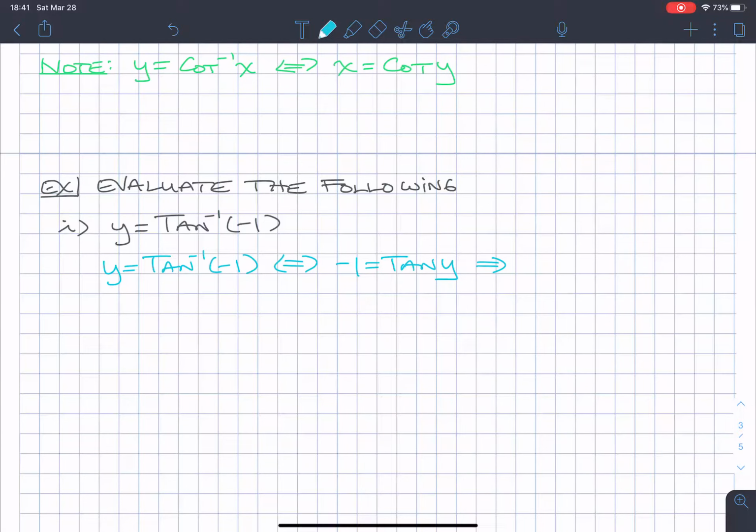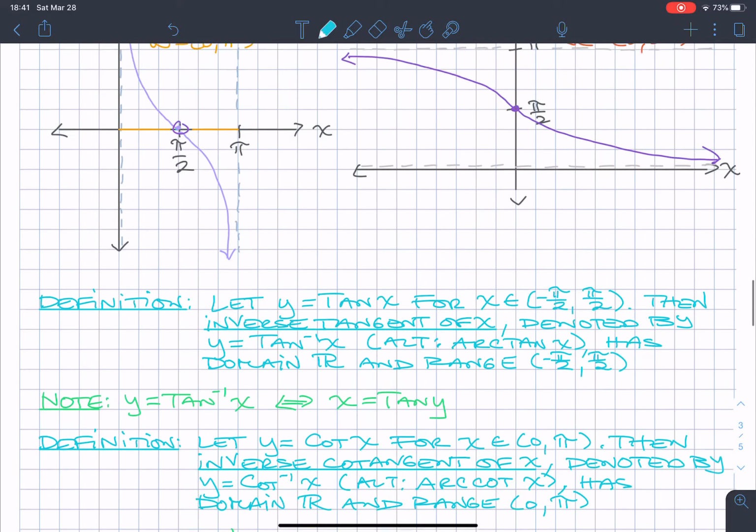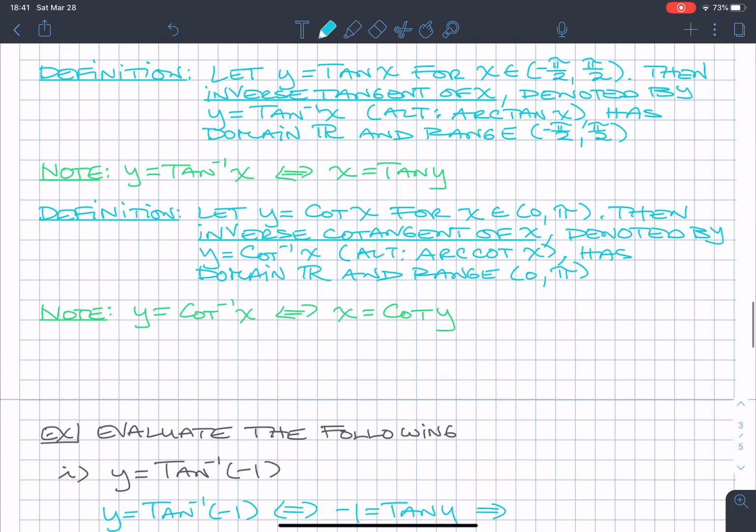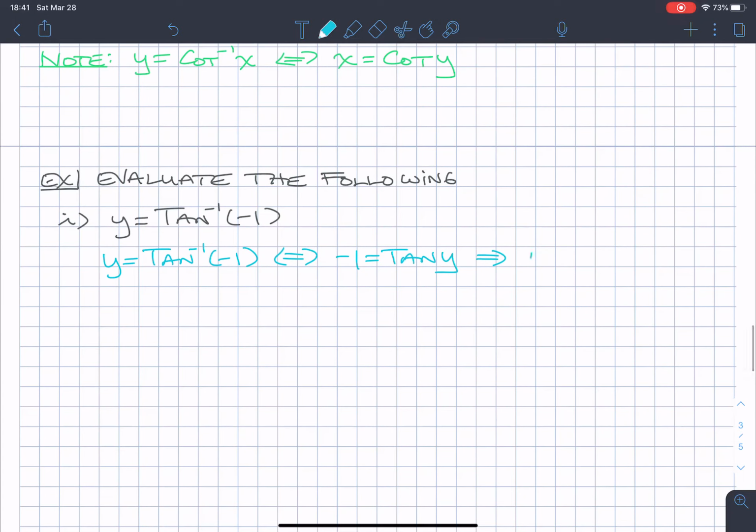Meaning sine and cosine must be the same. Remember, tangent is invertible between -pi/2 and pi/2. So I'm guessing it'll have to be negative pi/4. Because that's between -pi/2, non-inclusive, and pi/2, check mark.